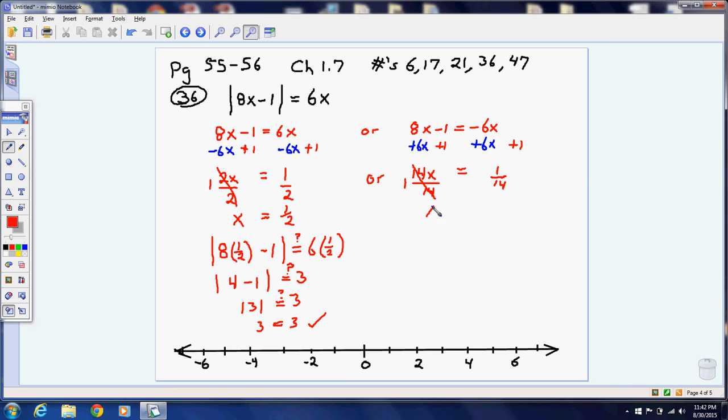Okay, so let's clean this up. We end up with x equals 1 over 14. Let's plug this back into our equation and see if it's extraneous. We have 8 times 1 over 14 minus 1 equals 6 times 1 over 14.